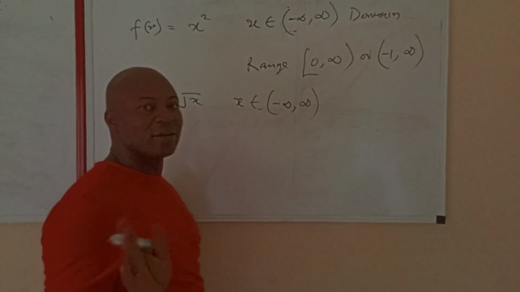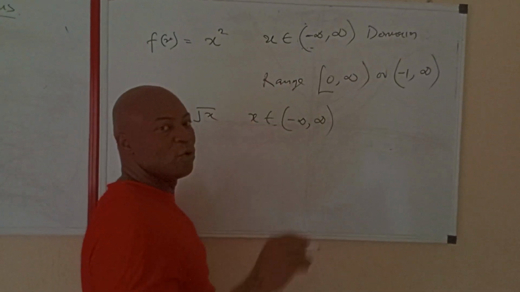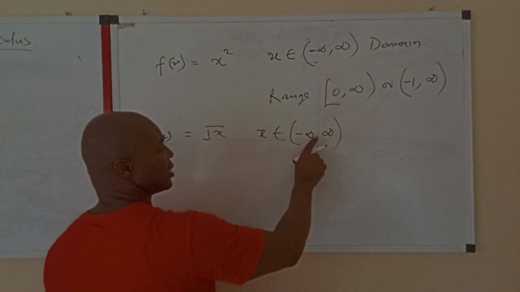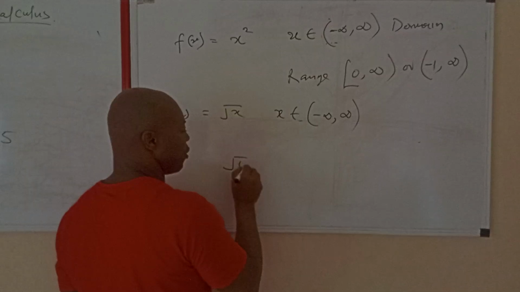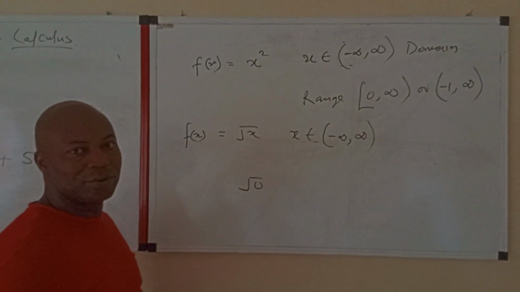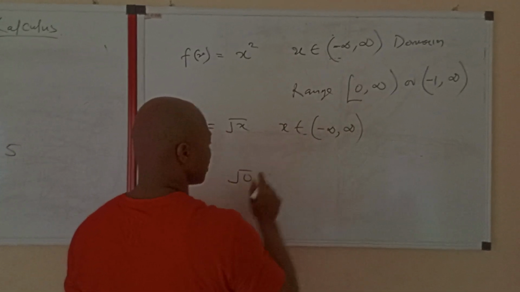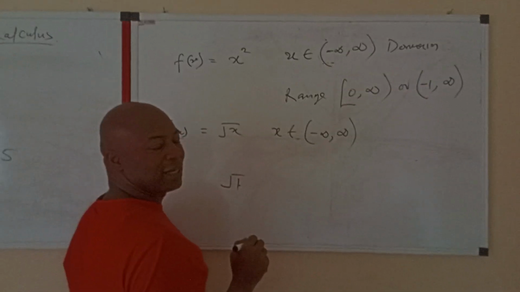For the undefined case, we have already said that one will not be there, because this one is not in terms of 1/something. Now let us test. When it takes 0, the square root of 0 is 0. On the positive side, the square root of 1 gives you 1.